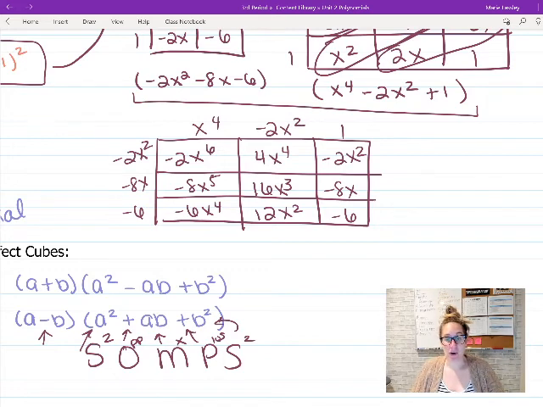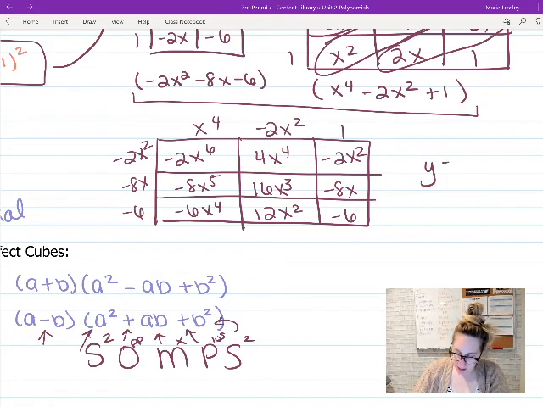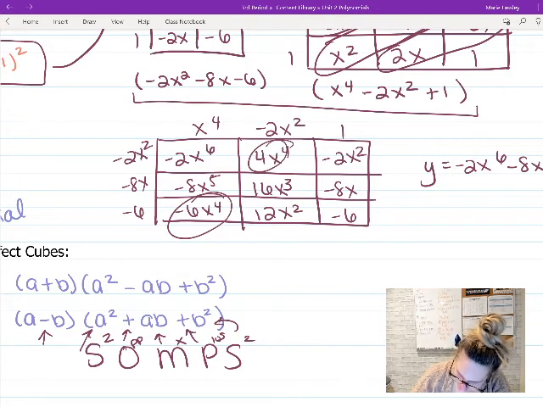Okay, so now I'm going to combine like terms and I will get my final answer. So y equals negative 2x to the 6th, then minus 8x to the 5th, then the 4's are right there, so that's minus 2x to the 4th. I only have one cubed term plus 16x cubed.